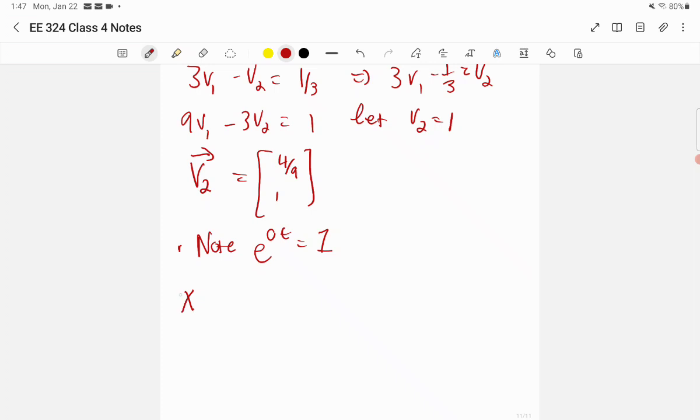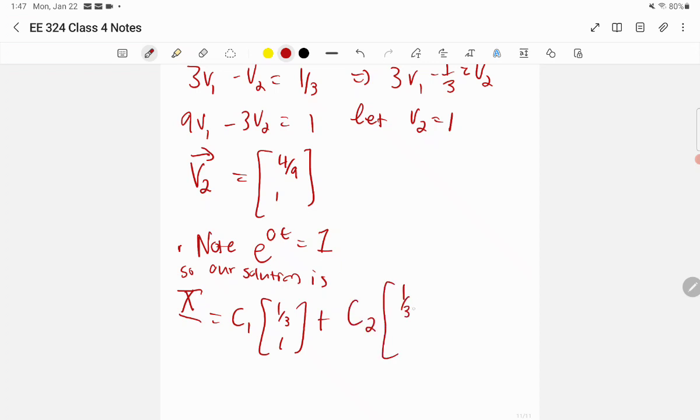So that means our solution is x is equal to c1 times 1/3, 1, that vector, plus c2 times 1/3, 1, t, plus c2, they're going to inherit the same constant there, times 4/9, 1, this vector.